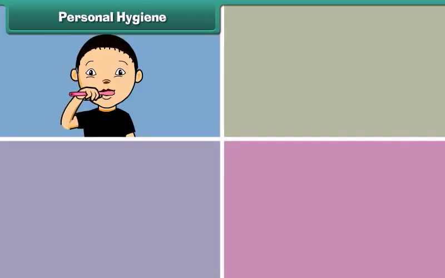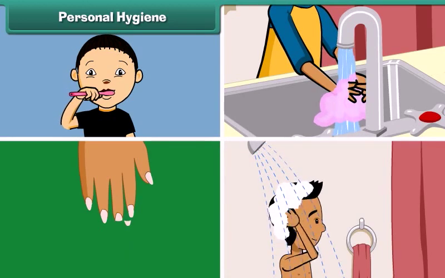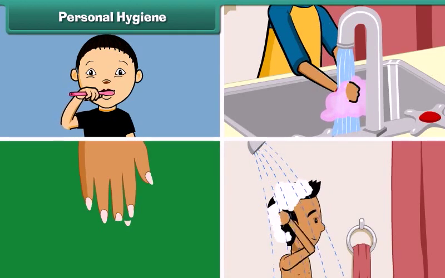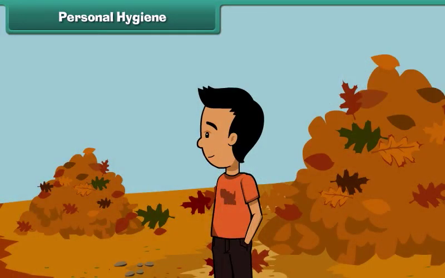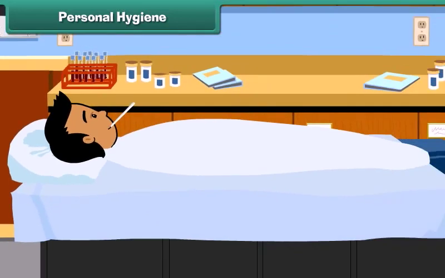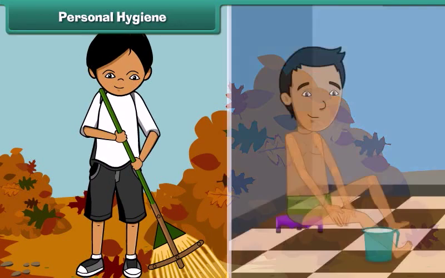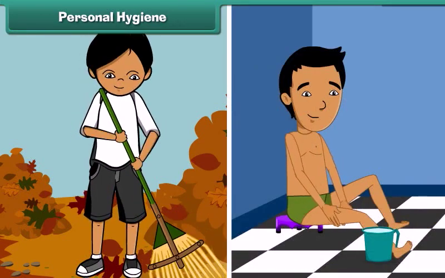Personal hygiene involves keeping one's teeth, hands, nails, hair, body, and clothes clean. That is not enough. A clean body in a dirty surrounding can fall ill. So it is important that we keep our surroundings clean as well. Personal hygiene and cleanliness of surroundings go hand in hand.